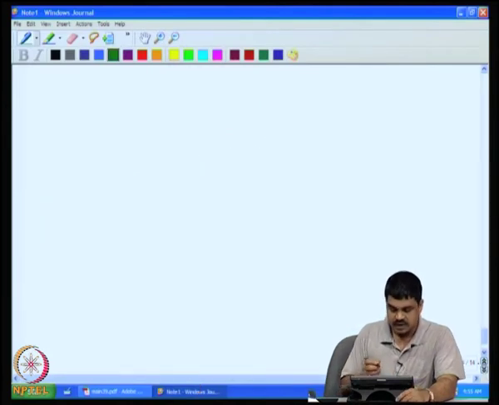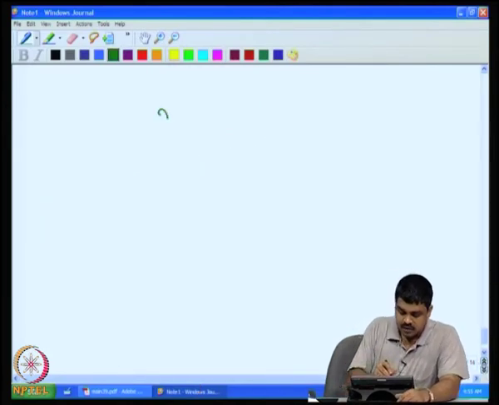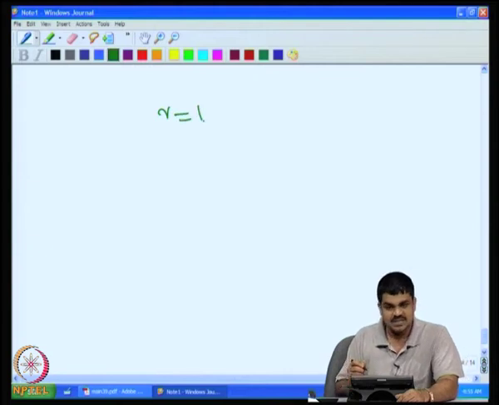For instance, let us look at the r equal to 1 case. That means the graph has isolated vertices.